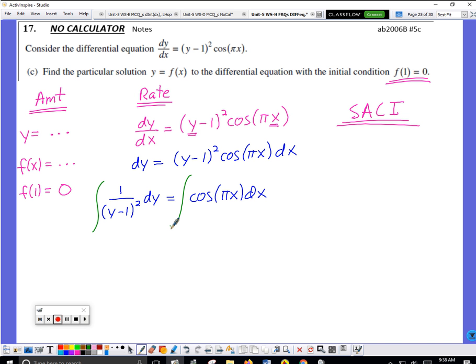The ln rule doesn't work because of the squared. Questions? So I'm going to move and rewrite it like this. Questions?